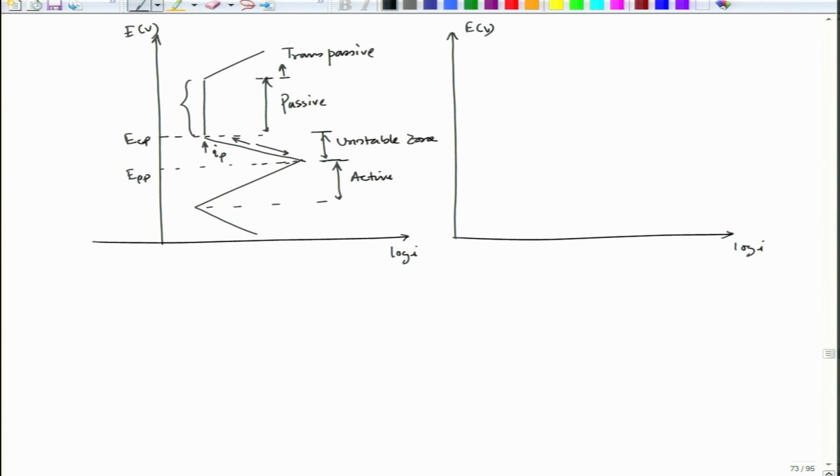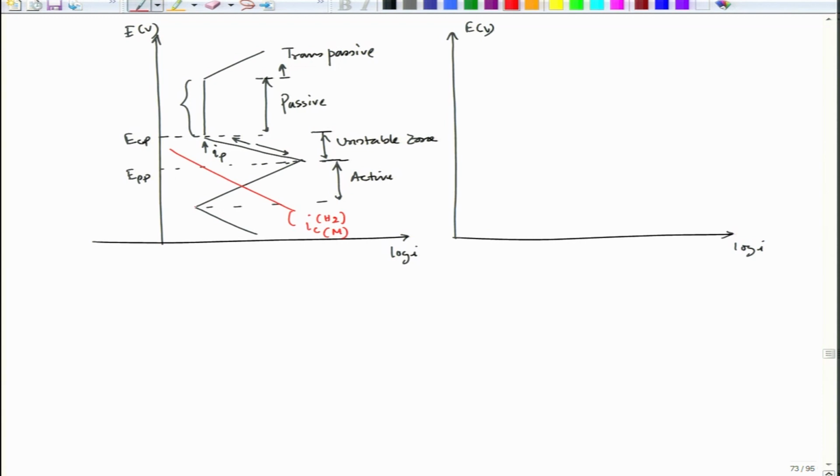Now, if the hydrogen evolution reaction interacts with this particular plot, let me put this hydrogen evolution reaction in red color. So, this is the hydrogen evolution reaction, which is IC hydrogen on metal surface.